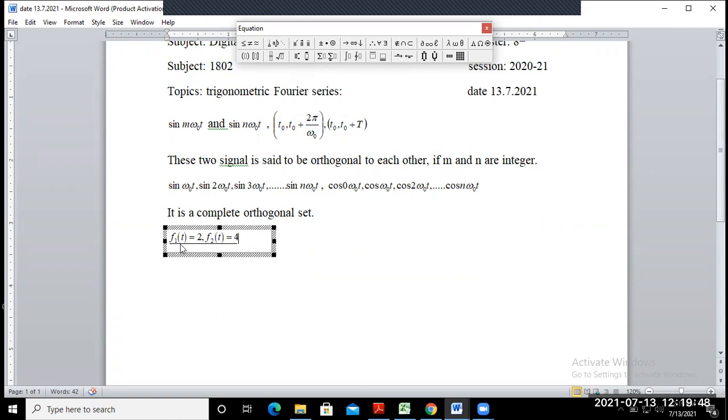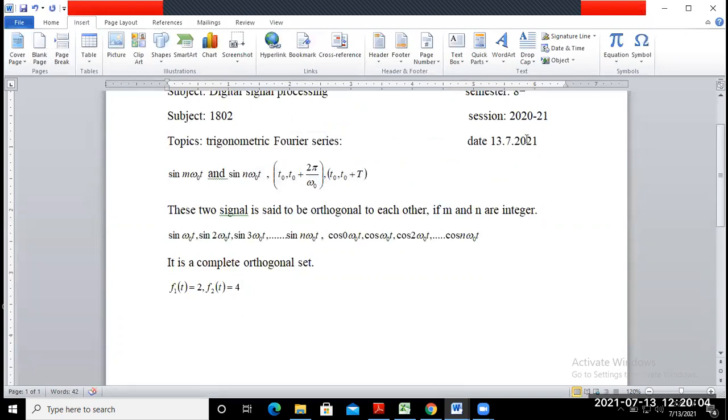So how can we write function 1 with respect to function 2? That means f1t equal to 1 by 2 into 4, f2t, you can write here.